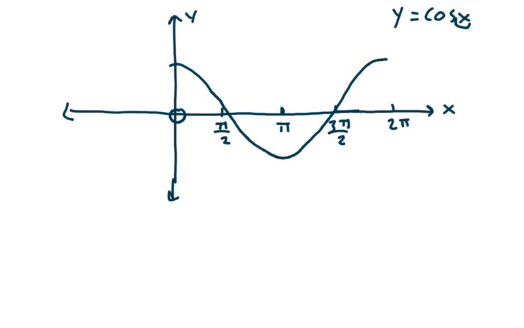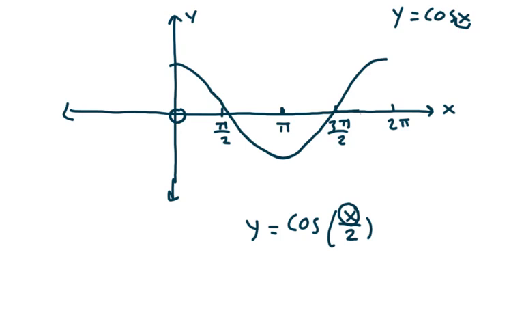If we go from pi over 2 to pi, the y value is negative. But keep in mind, we're dealing with y equals cosine of x over 2. If I replace x with pi, cosine of pi over 2 is 0.